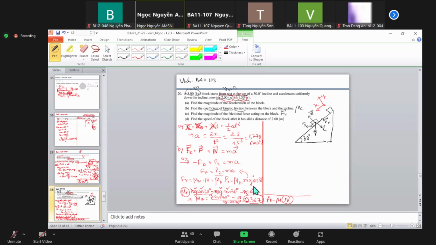Okay, so I have another way. If you use Newton's second law and project it on Oy, you can calculate N directly. Because you have N minus P1 equal to 0, so N equals P1, N equals mg cosine theta.